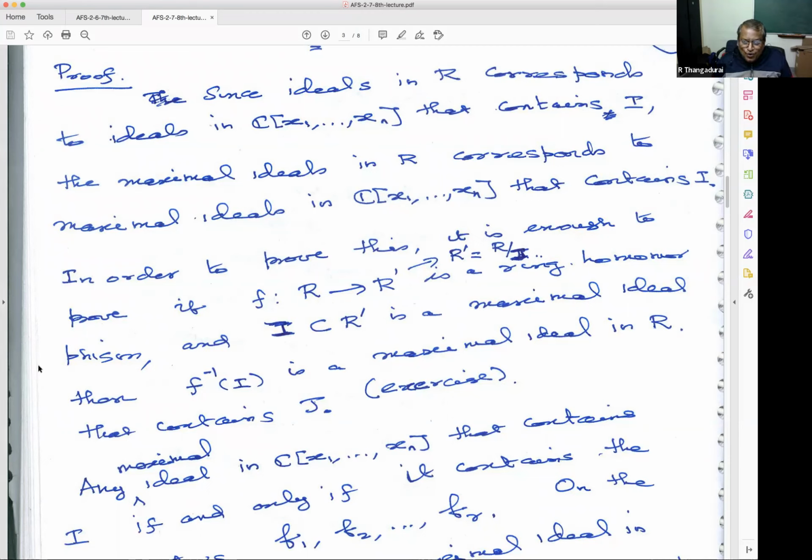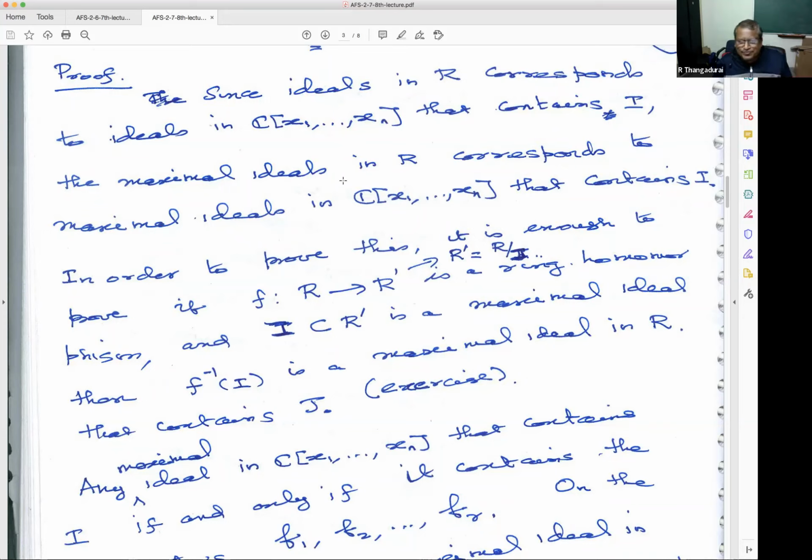Now, as a little exercise, you can prove that the maximal ideals in the quotient ring correspond to maximal ideals in the polynomial ring that contain I. The same way, you replace ideal by maximal ideal.